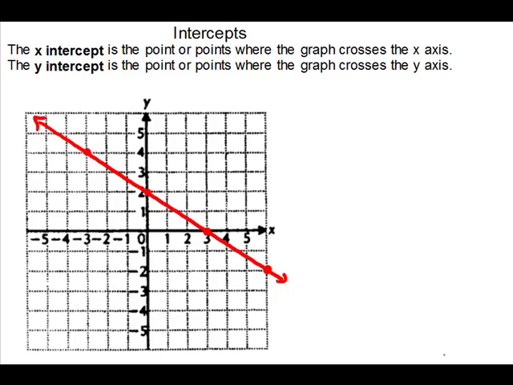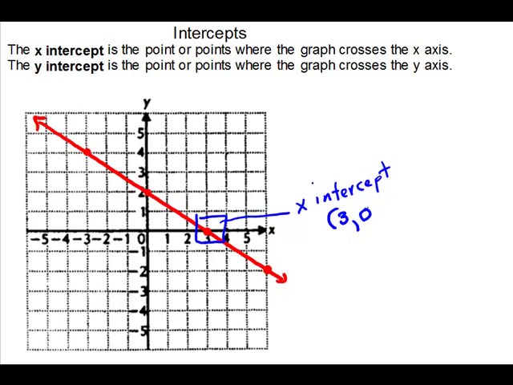First, the x-intercept is the point where the graph crosses the x-axis. So it is this point. The coordinates of the point are 3 on the x and 0 on the y.